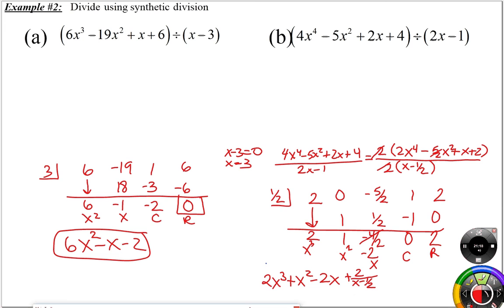So you may see this written where they said, oh, we don't want a 1/2 in a denominator of a fraction, so we'll multiply the denominator of the fraction by 2, but that forces us to also multiply the numerator by 2. And so then they might write the answer as 2x cubed plus x squared minus 2x, but write this new version of the remainder that doesn't have a fraction within a fraction, like 4 over 2x minus 1.